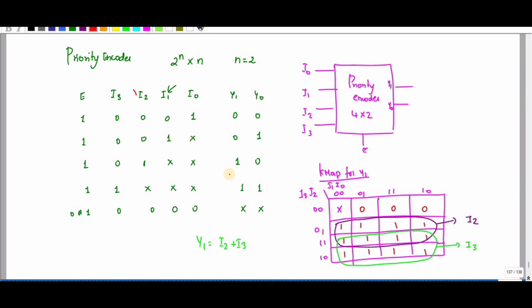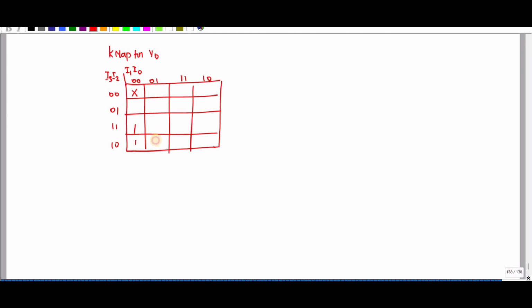This will be 1 for I1 and I3. Here I1 is 0.